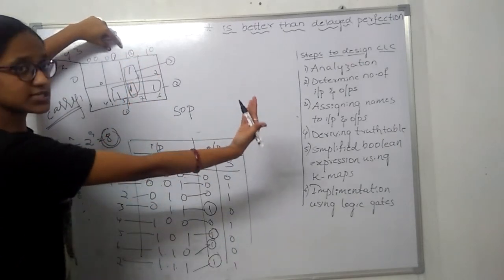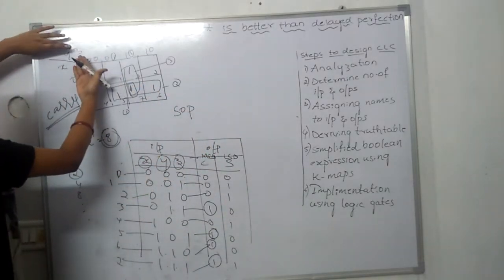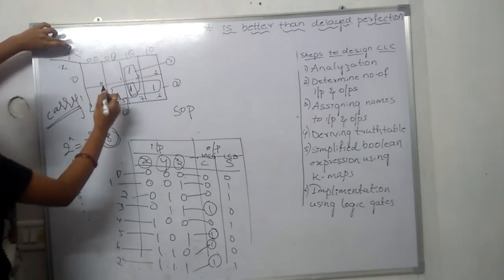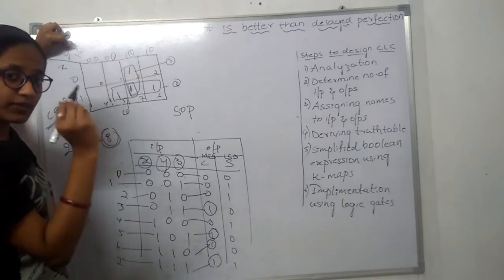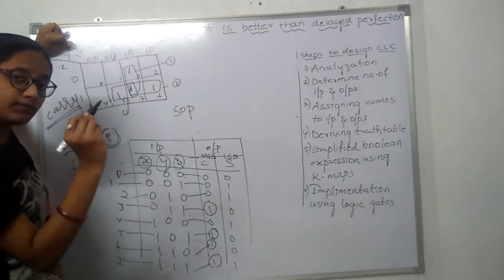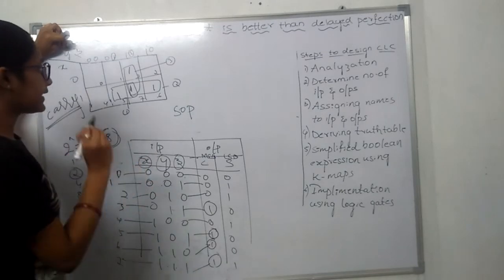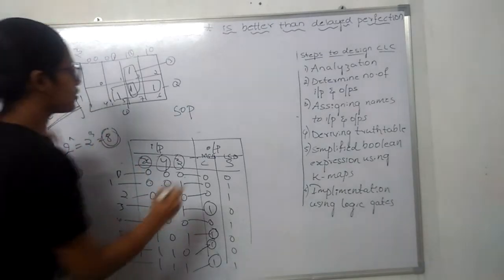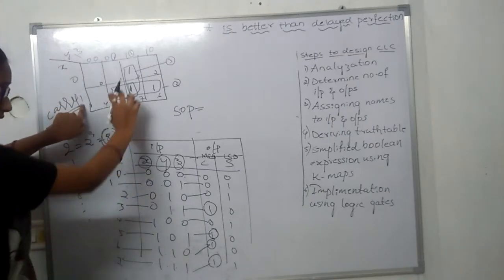The least significant bit denotes Z. So Z is 1. In SOP, if it is represented with 1, you don't need to take the bar. So you can take it normally as Z. And X is associated with 1 here.